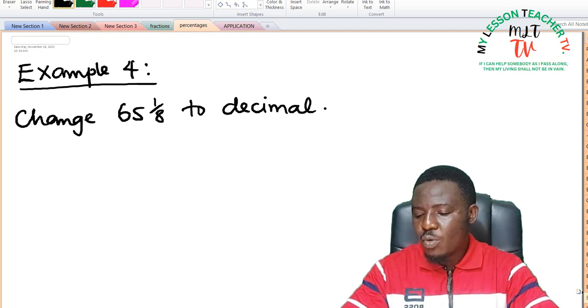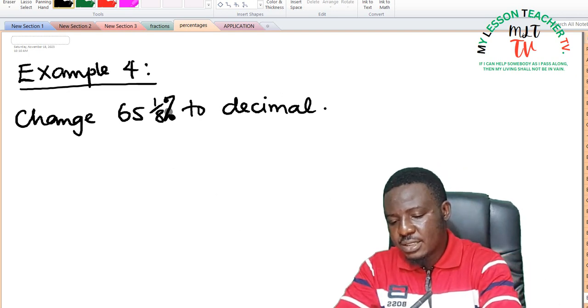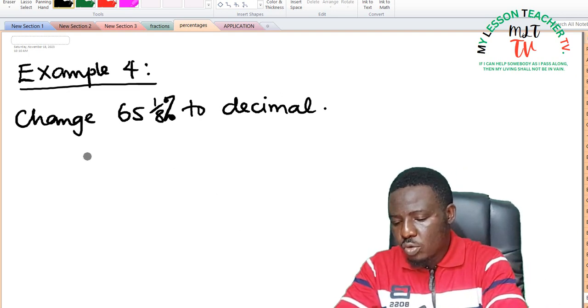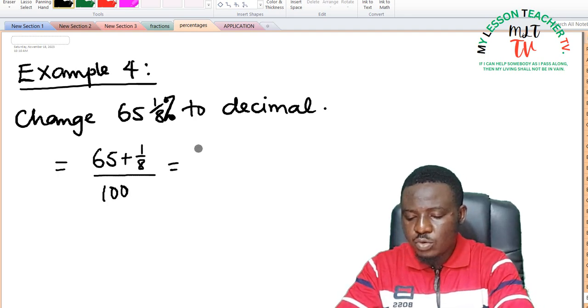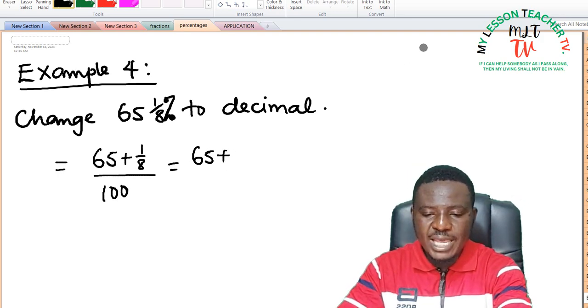Example 4, we are asked to change 65 whole number 1/8% to decimals. So this is said to be equal to 65 plus 1/8 divided by 100. This is equal to 65 plus 1 divided by 8.